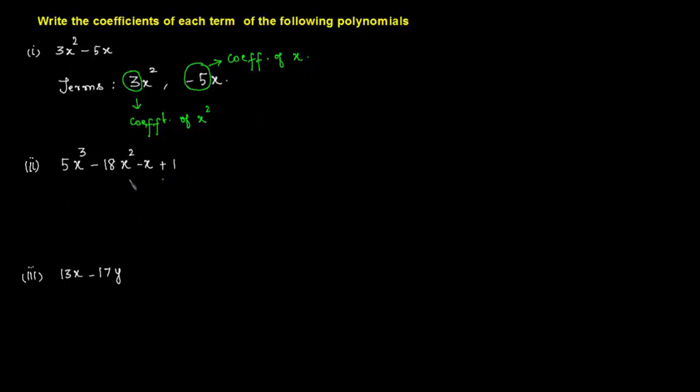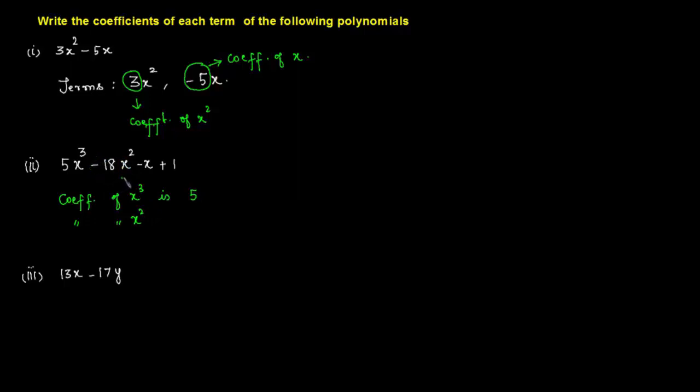So let us find out the coefficients of each of these terms. 5x cube minus 18x square minus x plus 1. So what is the coefficient of x cube? The coefficient of x cube is 5. What is the coefficient of x square? The coefficient of x square is minus 18.